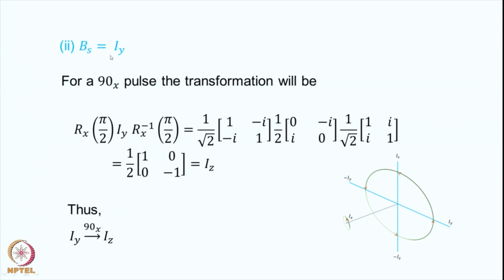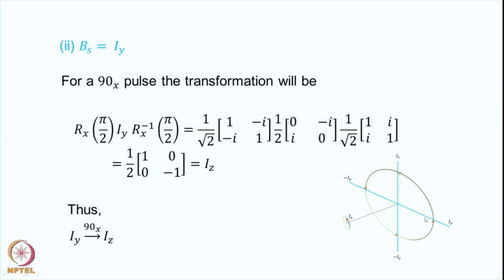If the starting operator is Iy, then I have to say Rx pi by 2, Iy, Rx minus pi by 2. Now I put the same matrices here, 1 by root 2, 1 minus I 1, this is half, this is the Iy operator, half 0 minus I 0, and this is 1 by root 2, 1 I 1. This is the inverse of this matrix, and if you calculate this, you get half 1 0 0 minus 1, that is Iz.